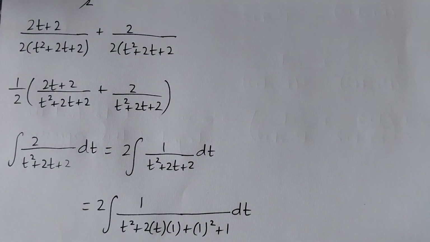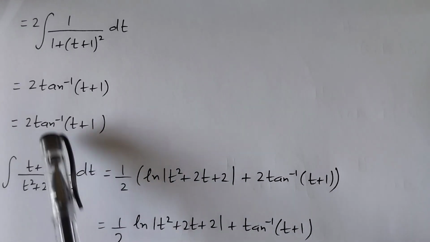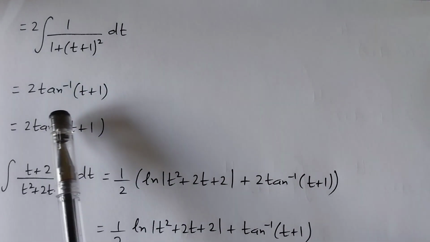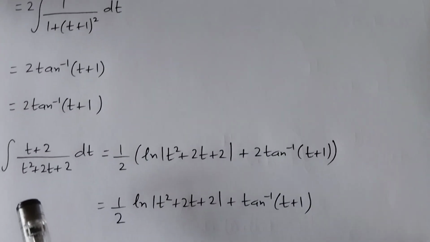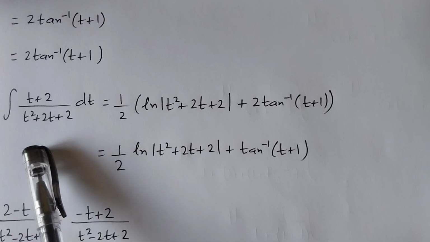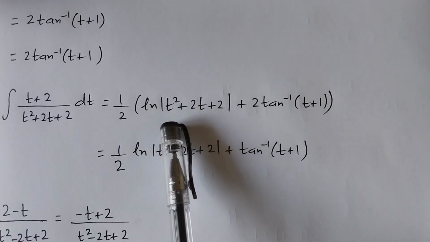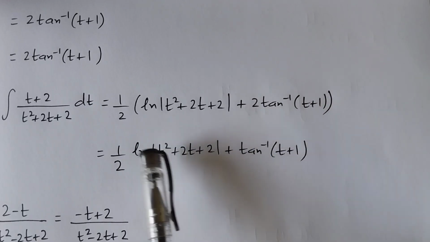So this is what I was saying, that this thing has the integral 2 times tan inverse of t plus 1, and the whole integral, which we wanted to find, is half times natural log of t square plus 2t plus 2 plus 2 times tan inverse of t plus 1.